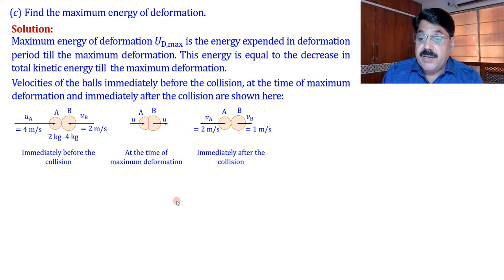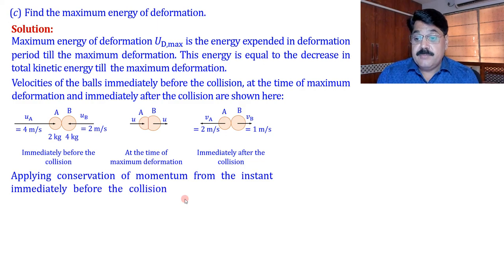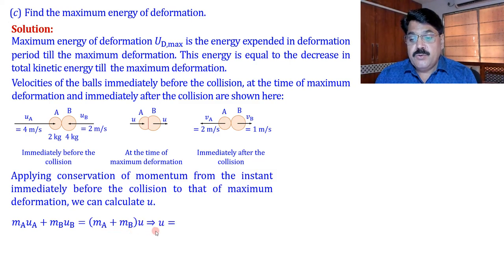With the help of this we can find U. Applying conservation of momentum from the instant immediately before the collision to that of maximum deformation, we can calculate U. So MA UA plus MB UB is equal to MA plus MB into U. So from here U is equal to MA UA plus MB UB upon MA plus MB.